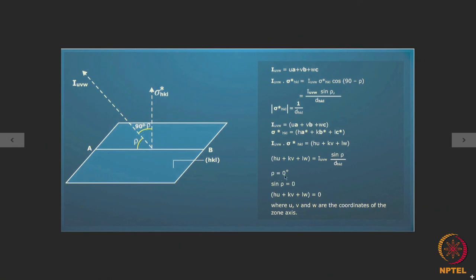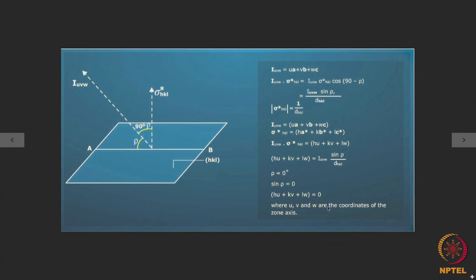If rho is equal to 0, sine rho will be automatically 0 and HU plus KV plus LW will be 0. You see, rho 0 means that this plane HKL will be parallel to the direction I UVW. So, the HKL plane and the UVW direction will be parallel, and the condition is HU plus KV plus LW is equal to 0.